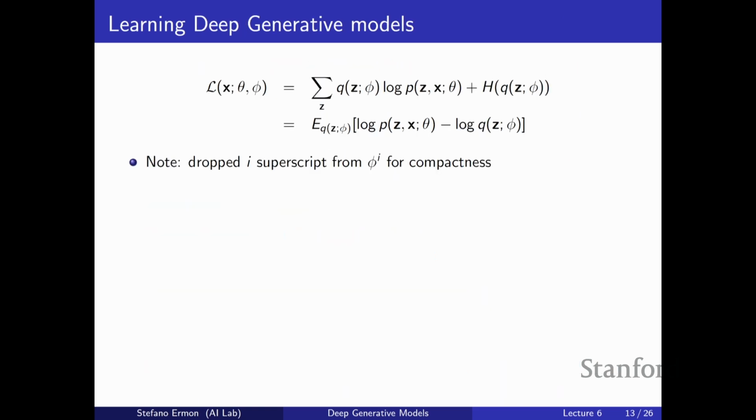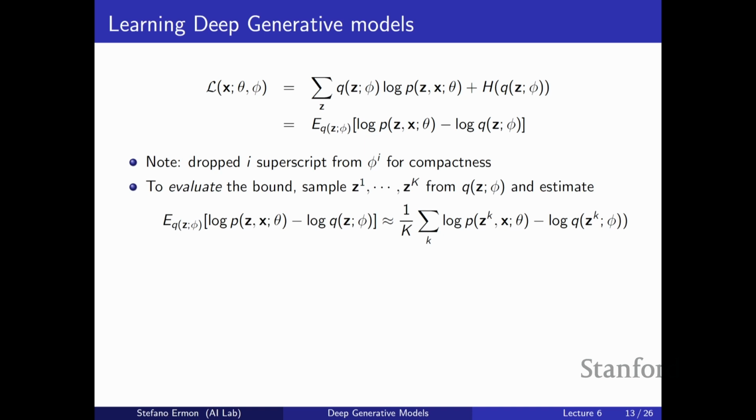And so what would it look like? If you want to approximate this expectation with respect to Q, we can just sample a bunch of draws from Q and then approximate the expectation with a sample average.